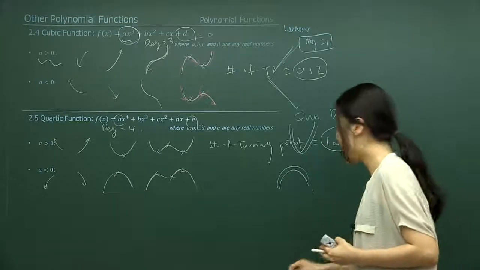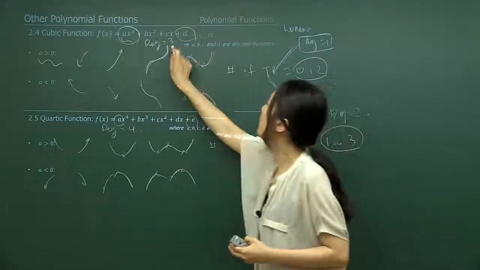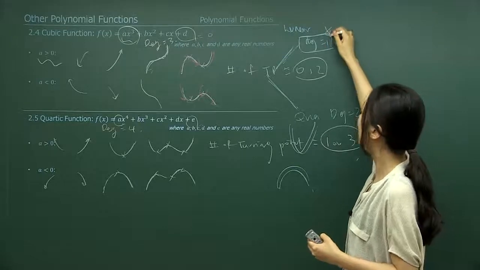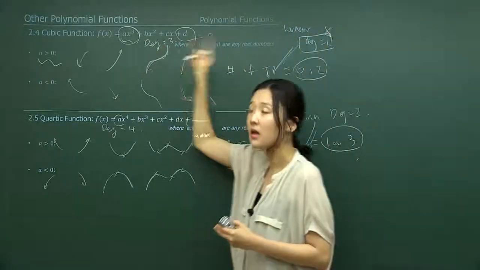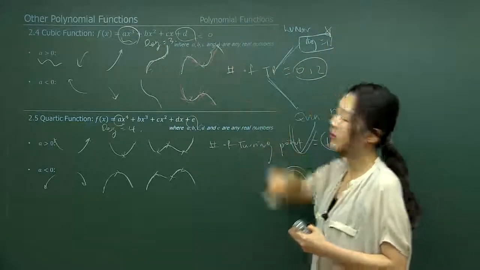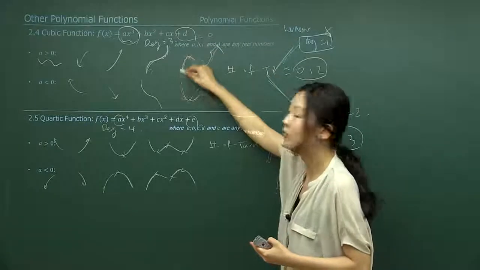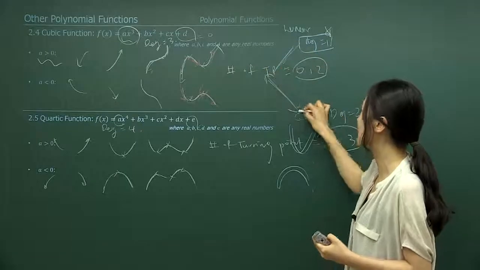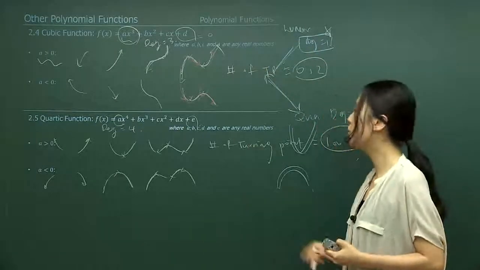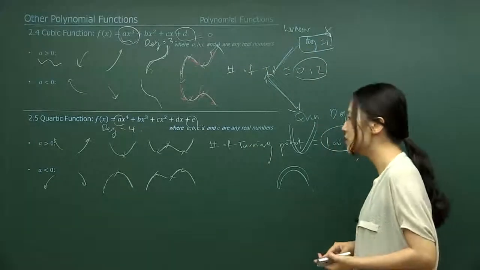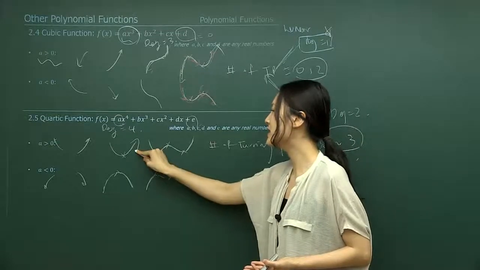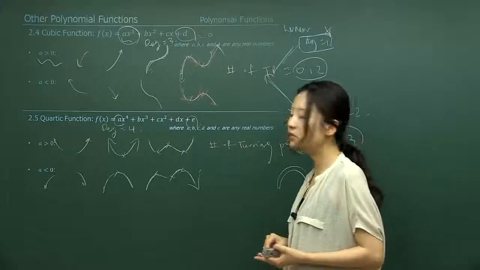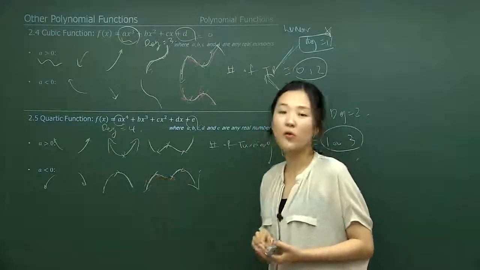I want to point out that if the degree is odd, 1 or 3, then when one part rises, the other part falls. You see how when one side rises, the other side falls? But for even degree polynomial functions, when one side rises, the other side also rises. When one side falls, the other side also falls.